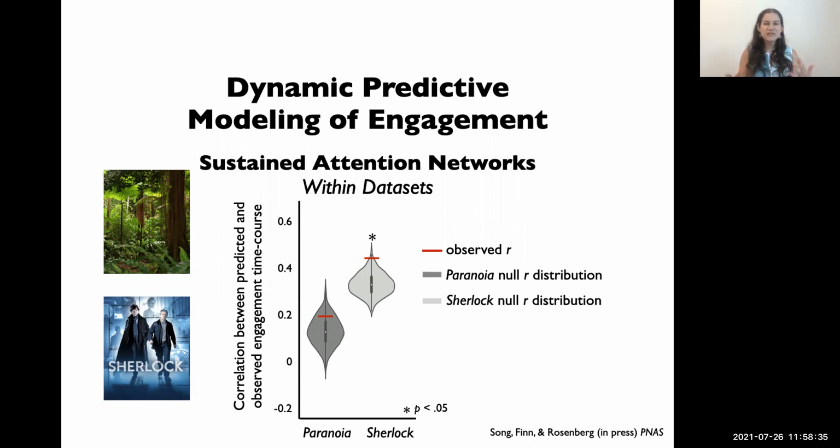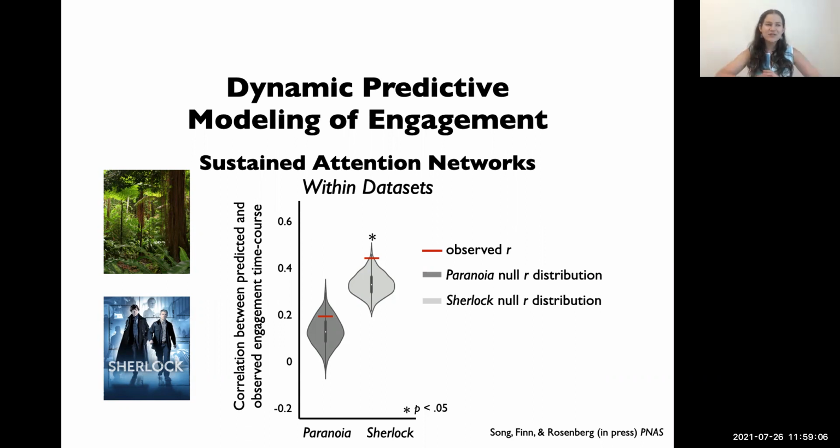Now, there's a lot of reasons we could see differences in the pattern of results between these two datasets. They have different numbers of participants, they were collected at different scan sites with different scan parameters. One hypothesis is that the sustained attention networks are better capturing engagement in the Sherlock dataset because they were defined to predict performance on a visual sustained attention task, and Sherlock has visual information, whereas the audio narrated paranoia story is only auditory, right?